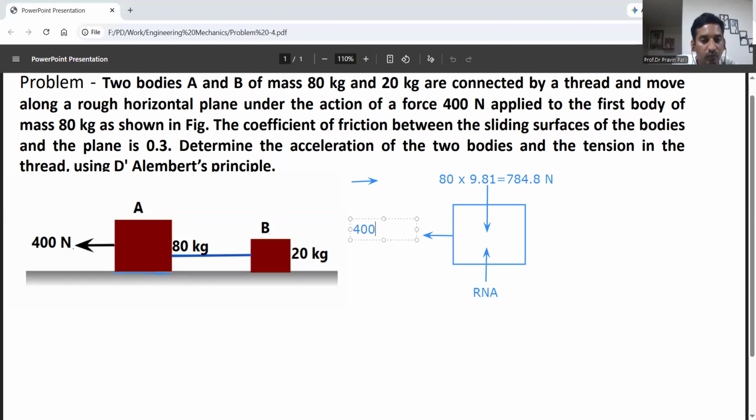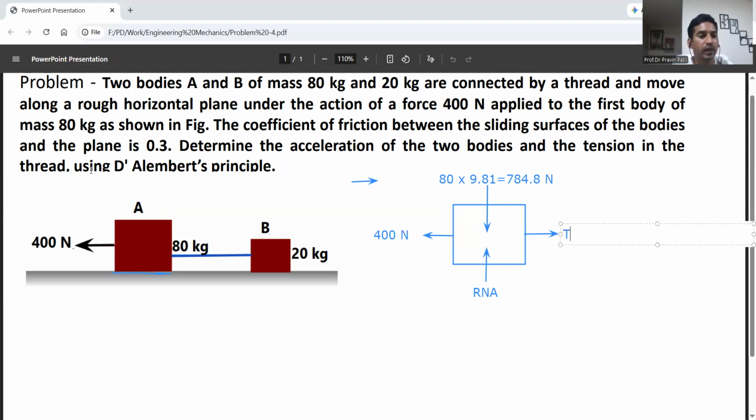Then bodies A and B are connected by a thread, so that thread creates a tension force, T.